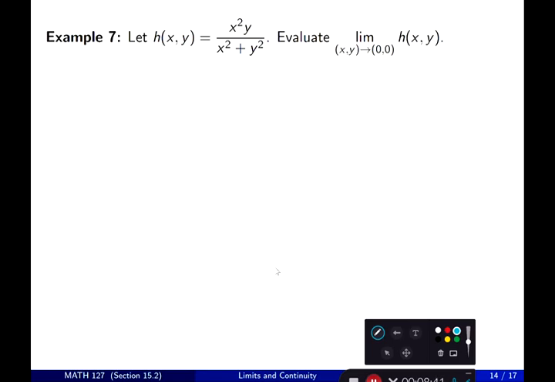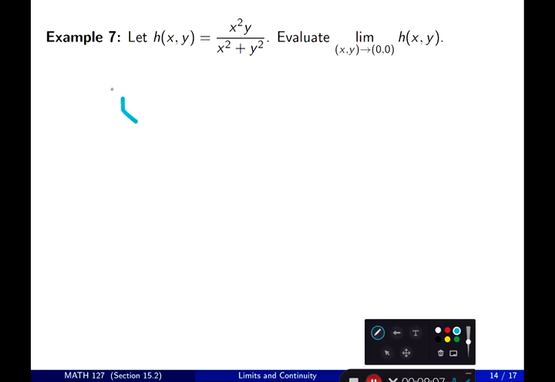So far what we've found is that we decided this limit actually may exist. So let's try to use our trick.